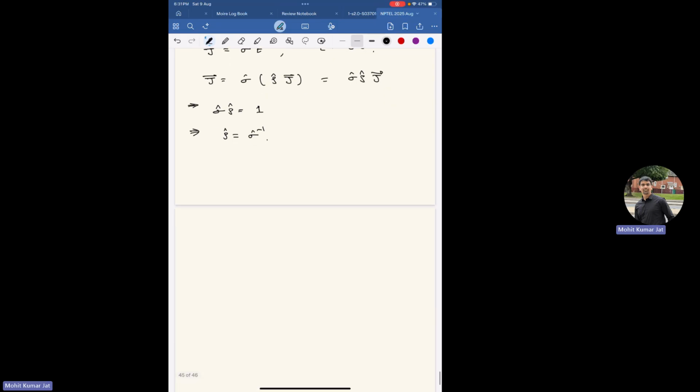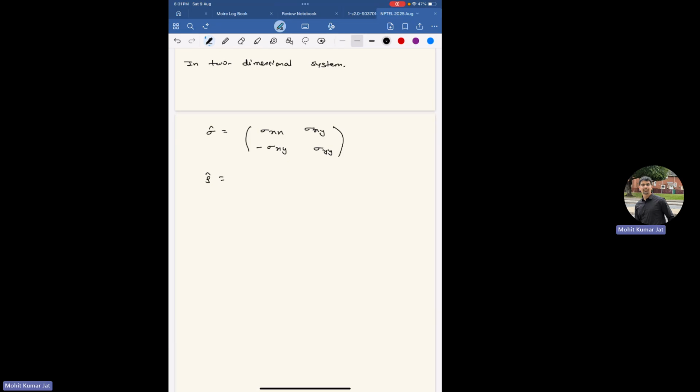So the conductivity tensor in that case will take the form, in 2 by 2, in a two-dimensional system: sigma xx, sigma xy, minus sigma xy and sigma xx, and the rho, of course you will define, as rho xx, rho xy, minus rho xy and rho xx.